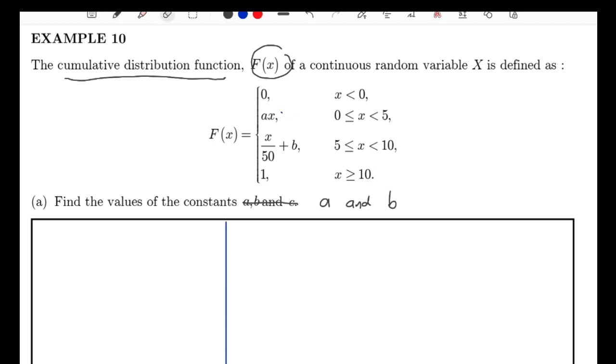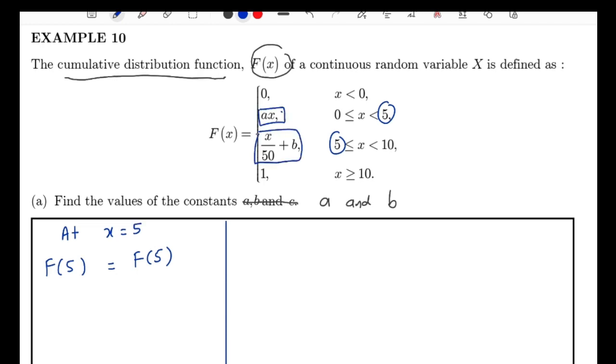Right. So in order to find the constants a and b, when we are given the cumulative distribution function, we just simply make it equal. For example, at x equal to 5, F5 must be equal to F5, which means ax is equal to x over 50 plus b.